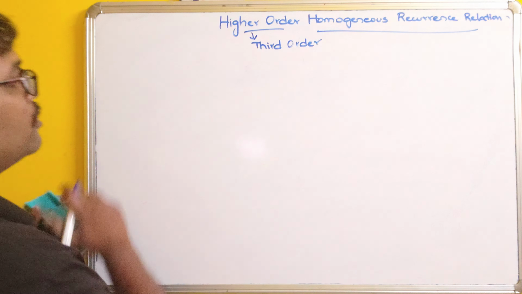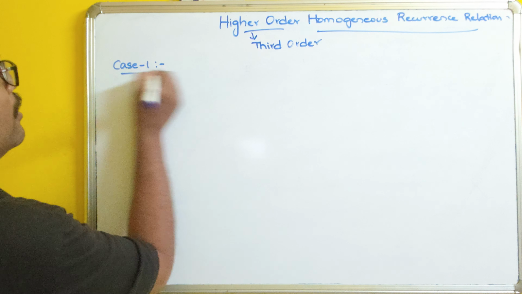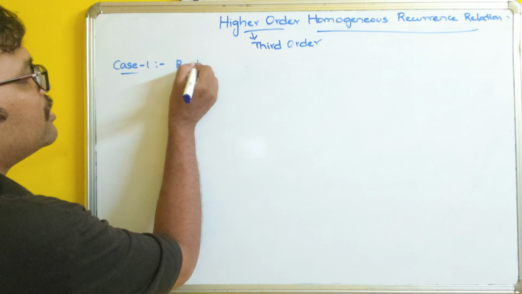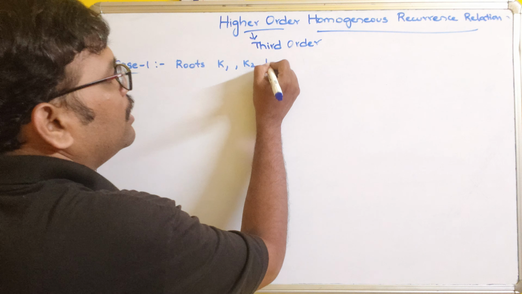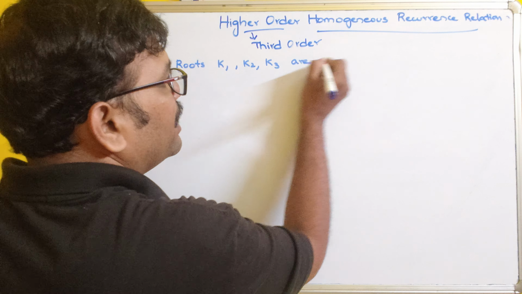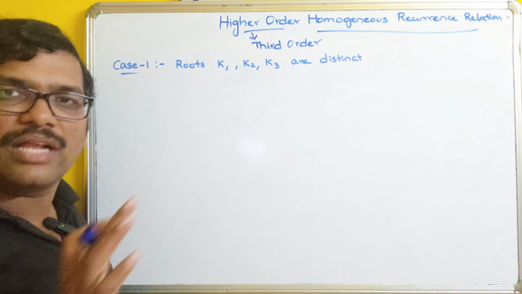So case 1. Roots k1, k2, k3 are distinct. Distinct means different. All the 3 roots are different.